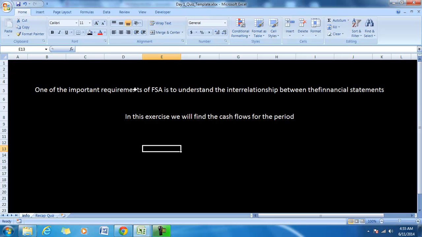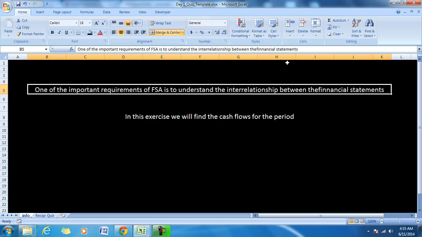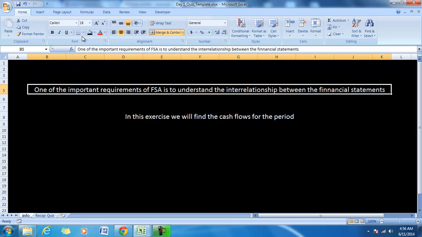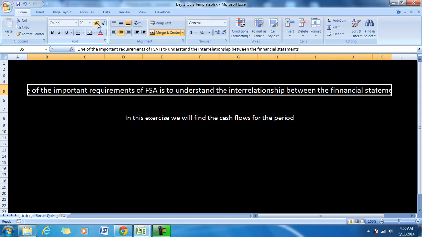We know that one of the important requirements to undertake financial statement analysis is to understand the interrelationship between the financial statements. The financial statements, that is the balance sheet, income statement and cash flow statement, are interrelated.